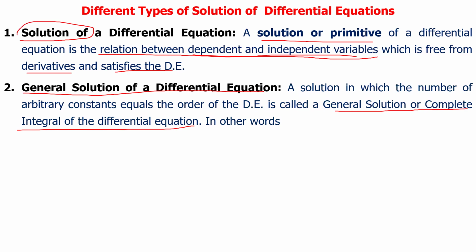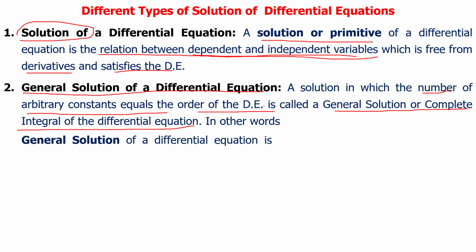The solution we have already defined. What is a solution? A solution of a differential equation is a relation between dependent and independent variables which is free from derivatives and satisfies the differential equation. After that, there is one more condition: the number of arbitrary constants is equal to the order of the differential equation.